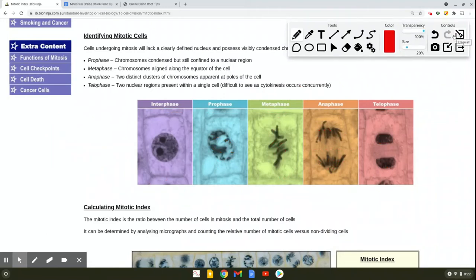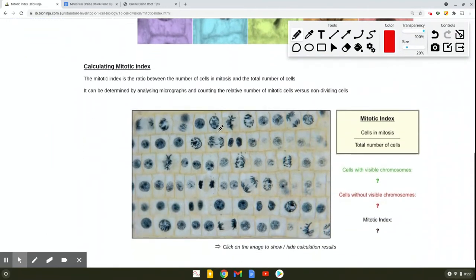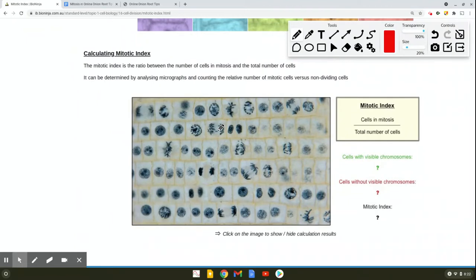Okay. So let me scroll down here. Now, what I want to explain, this is kind of cool. We're not looking at this mitotic index. We're actually going to do something a little different. So let's say you're looking at this image, and it is a microscope image of a bunch of cells in an onion, and they're in various stages of the cell cycle.